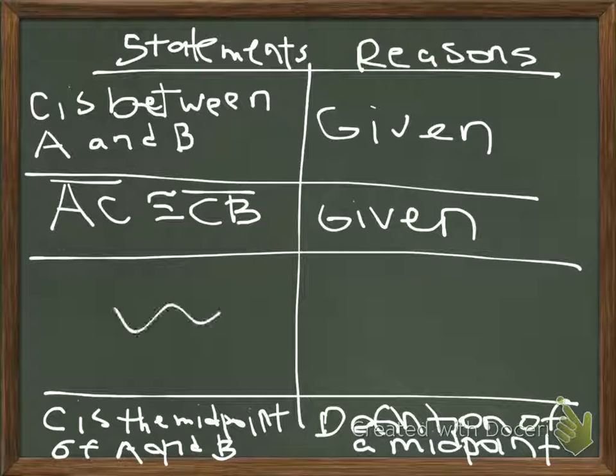Usually you have more steps here. In this section, you'll have more than just givens and proofs. You'll have a few extra steps and then you're trying to get to the proof part. But that would be, in this case, our proof. Okay? The definition of a midpoint. And that concludes lesson 2.5.